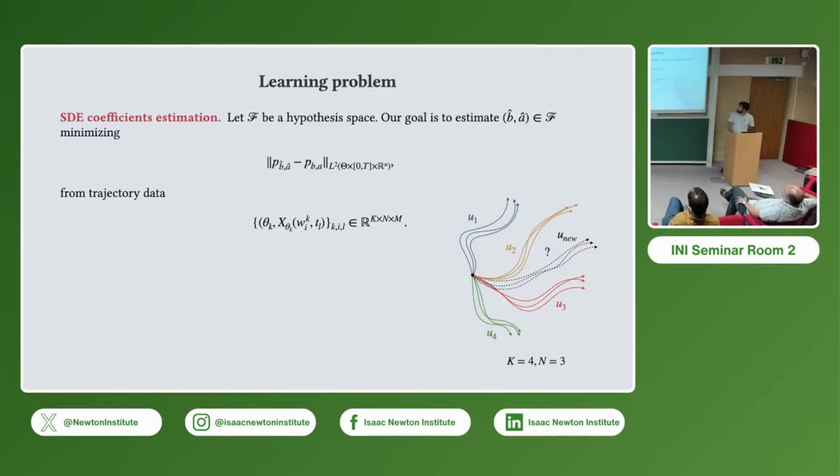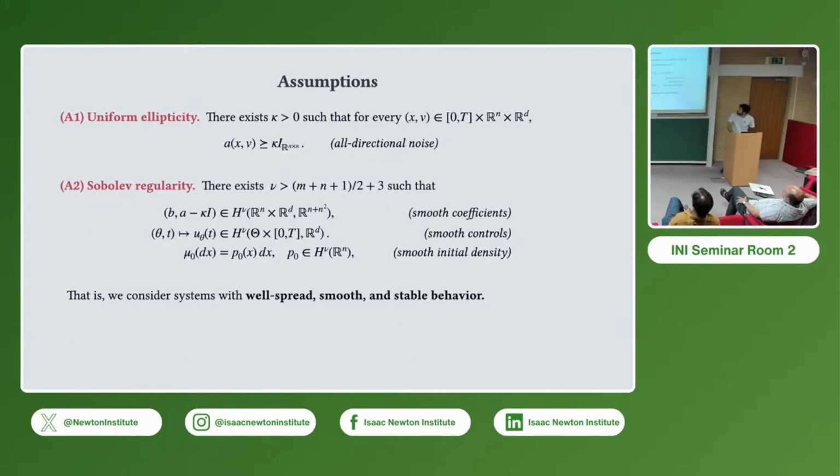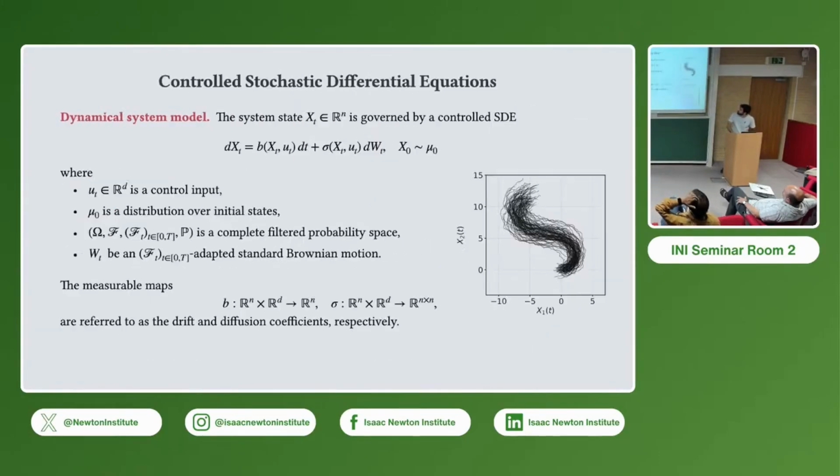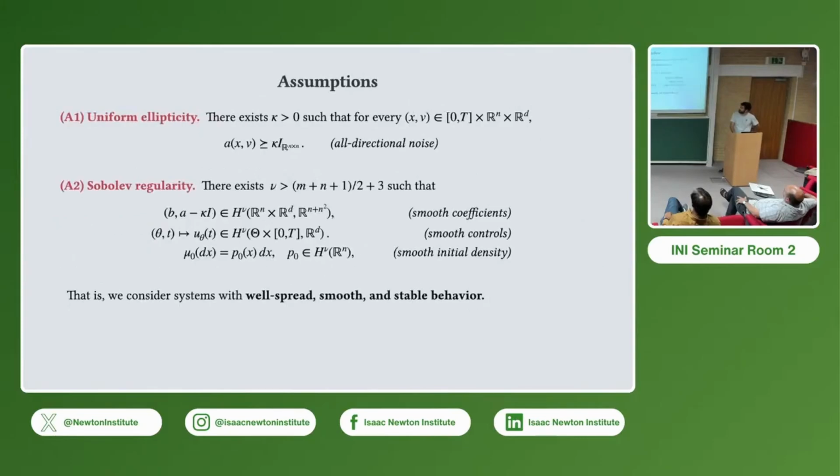I fixed an initial measure. Is it the same for the different controls? Yes, I'm starting randomly, but always with the same distribution.